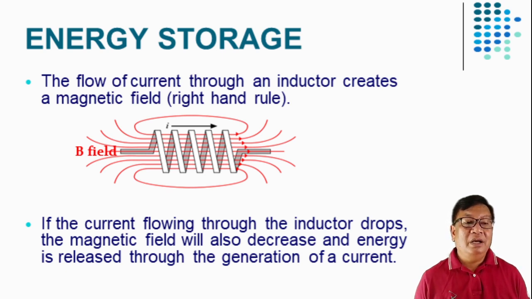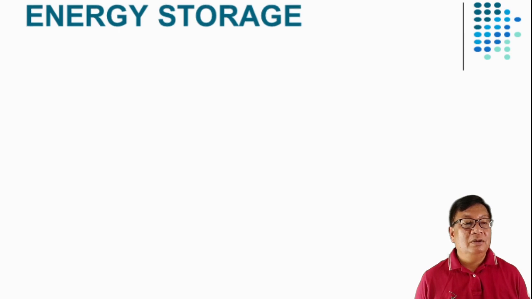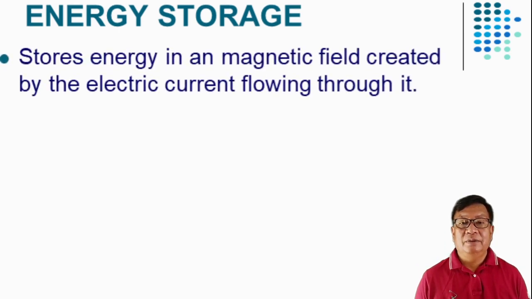So saan po ba ma-store yung energy? Dito po sa magnetic field. Okay? Dito po sa loob yung stored energy. So, it stores energy in a magnetic field created by the electric current flowing through it.